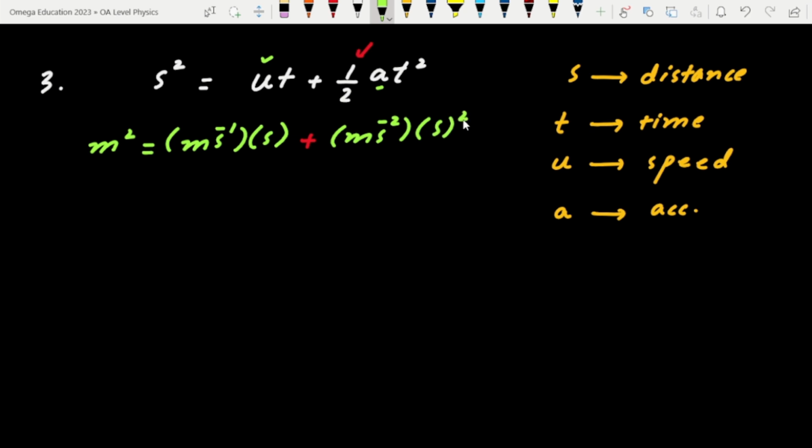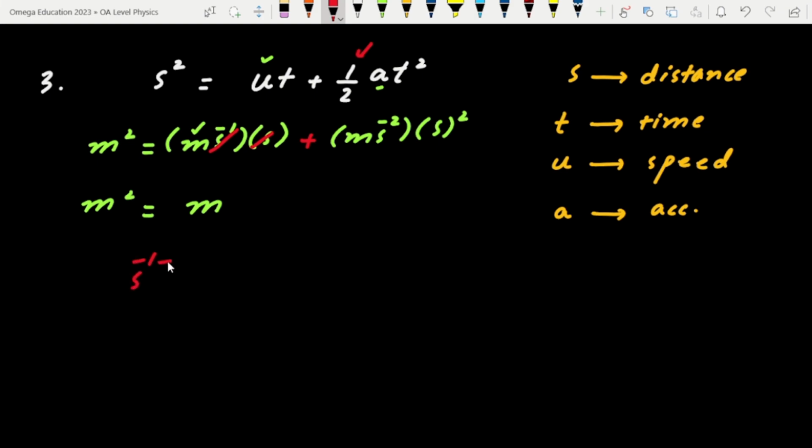In the next step you have to simplify the equations. m squared equals, this term would be m. You will be left with m only here. How? Because you're left with meters, but s^-1 and s, these two would be cancelled out.